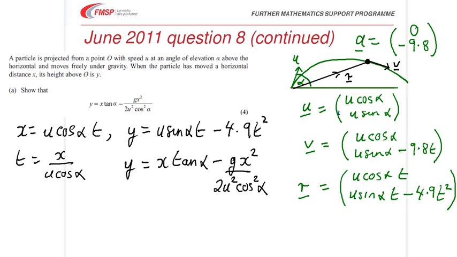There was a B1 mark for seeing that x equals u cos alpha t, and a single mark as well for seeing y. And then for substituting t from the x into the y, there was a method mark and then an accuracy mark, M1 A1, for doing that properly. That's the 4 marks for the first part of the question.